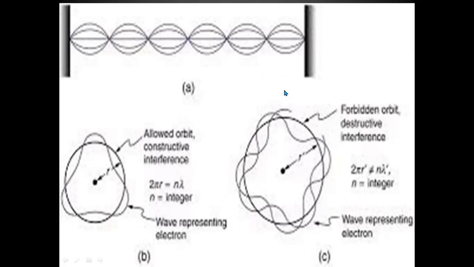Therefore, mvr will be equal to 1 h by 2 pi or 2 h by 2 pi, like that. Or in general, mvr is equal to nh by 2 pi. Therefore, these two situations are nearly the same: Bohr's postulate of quantization of angular momentum and de Broglie's.